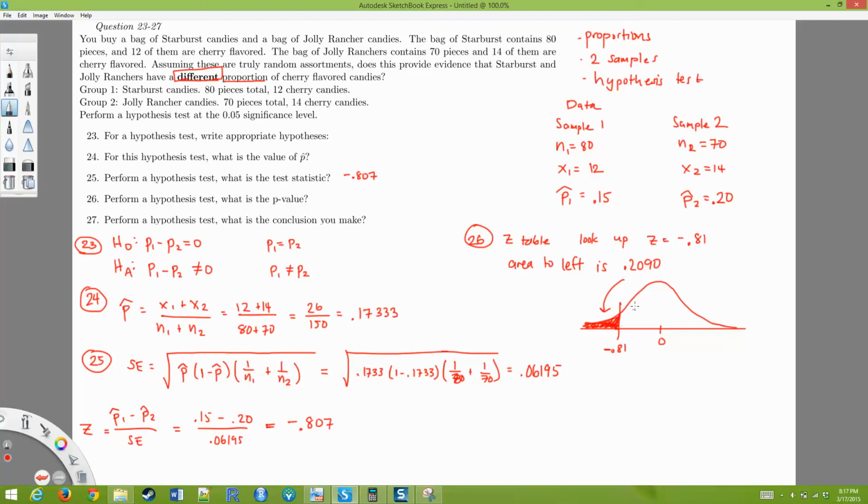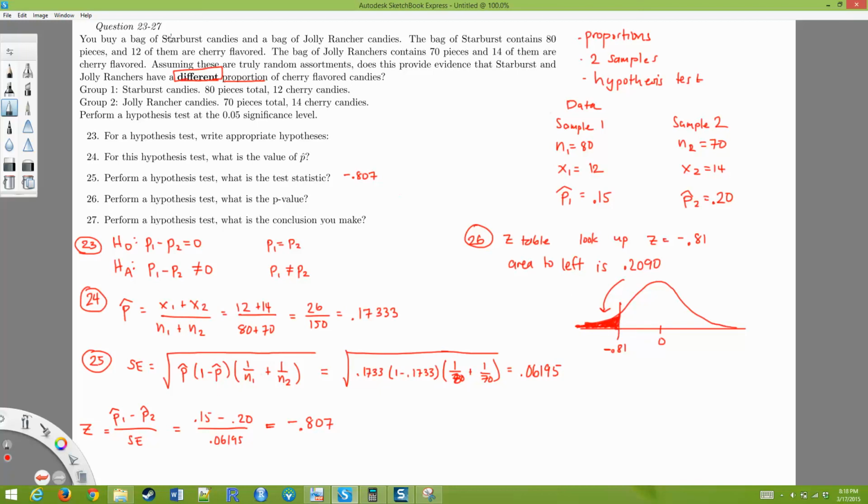In this case, 0.2090 is my tail area. If we had a different picture, the tail area might be what's to the right. But if you draw the picture, the tail is always the side that doesn't have the hill. If it has the hill, it's not the tail. Whenever you draw a line, you're either going to have the little wedge piece or the part with the hill. We have the wedge piece, so that is our tail.